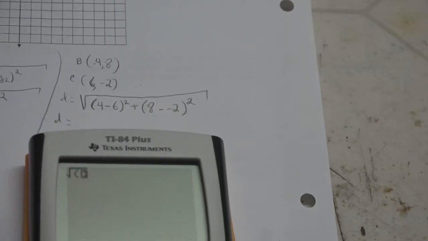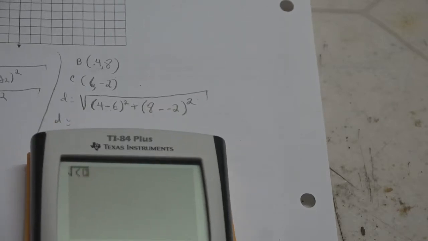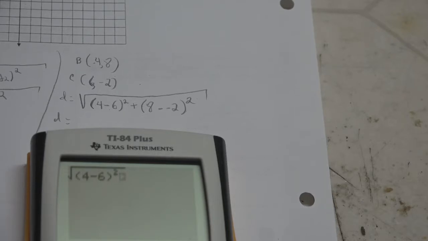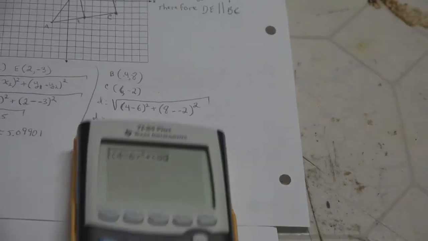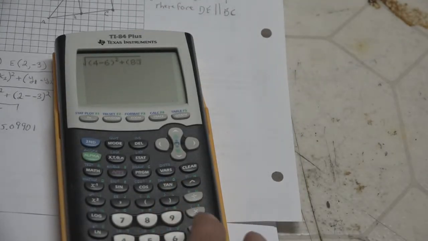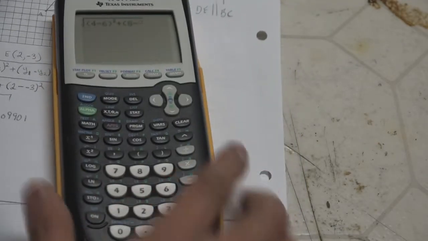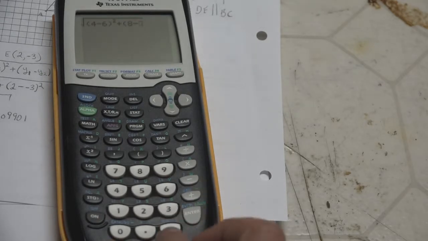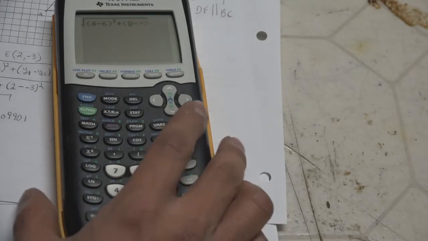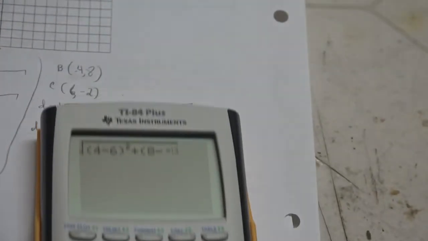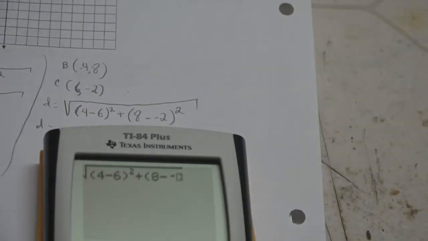We write the following: 4 minus 6, squared, close the parentheses, plus, open the parentheses again, and 8 minus, and this time I am going to show you something. The minus is right here, but the calculator has a distinction between the minus and the negative. So minus, negative 2. Close parentheses and square.